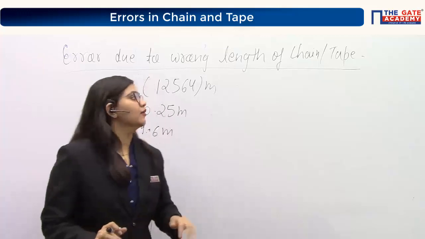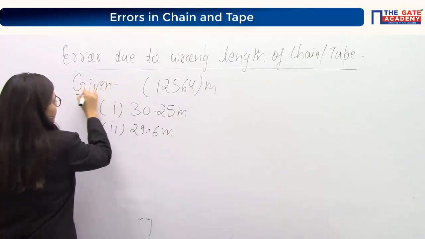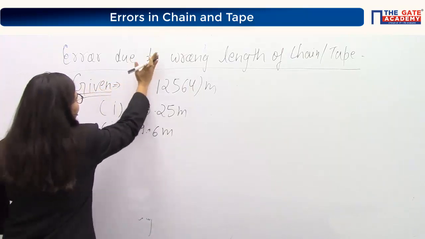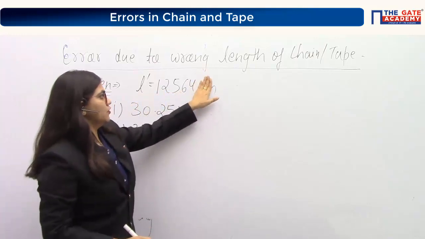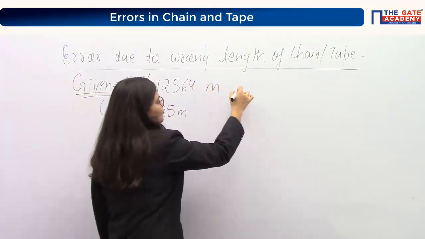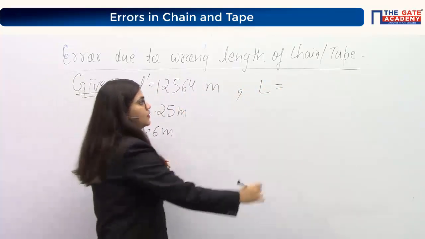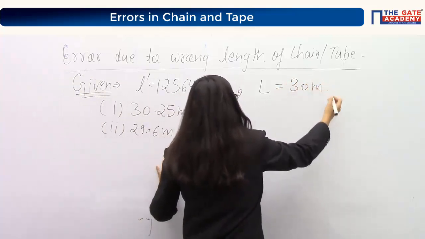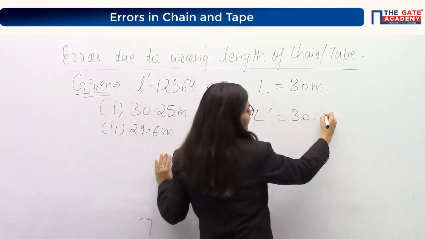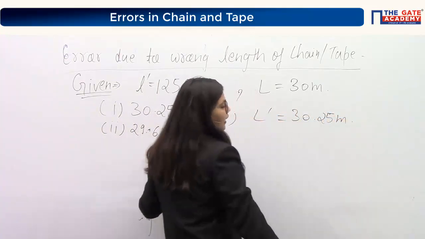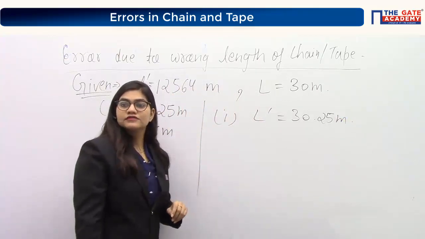Okay, I hope it is clear to everyone. It is given the length measured as 12564. And the standard length of tape is how much? 30 meter. In the first case, L dash is 30.25 meter, and he asked you to calculate small L dash.